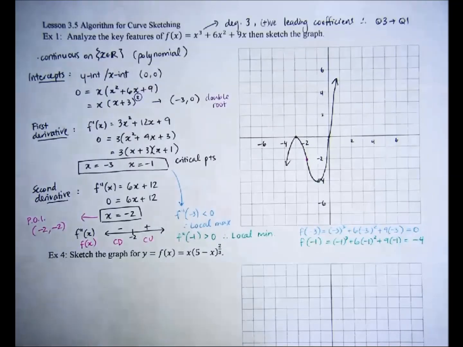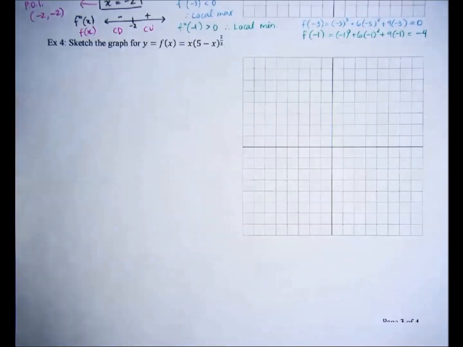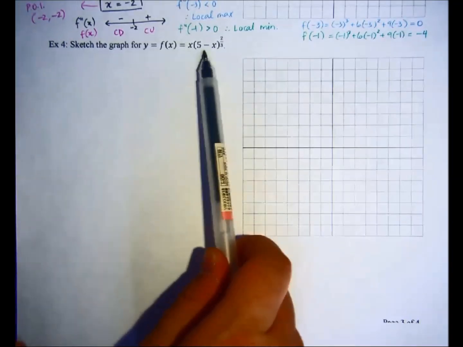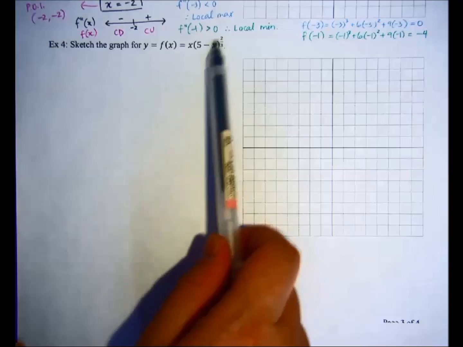So let's move up the page and work on example 4. We're going to get an interesting graph for example 4 because we have x times (5 minus x) raised to the exponent of 2/3.